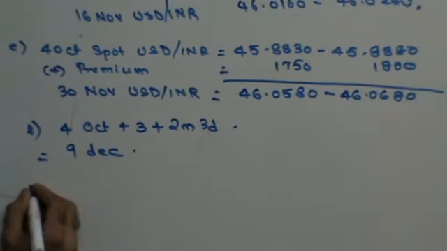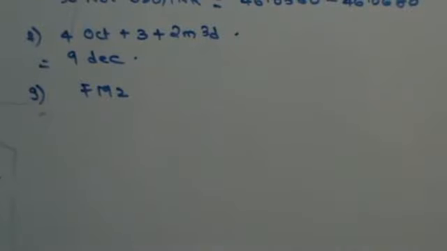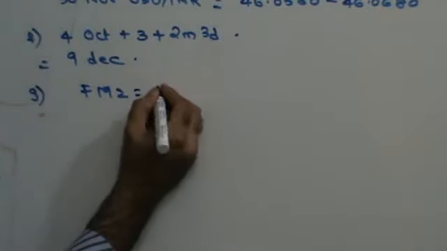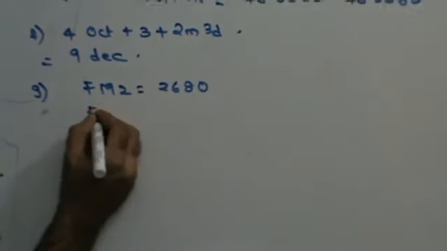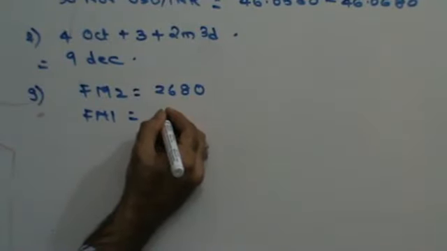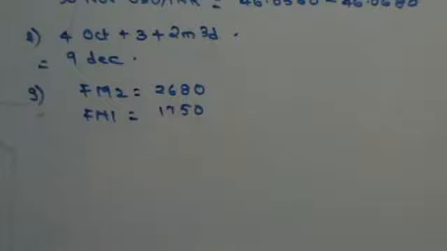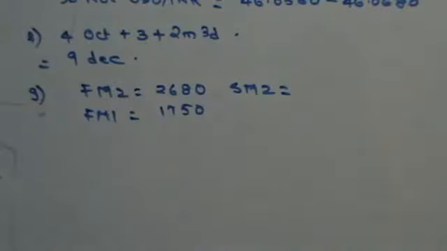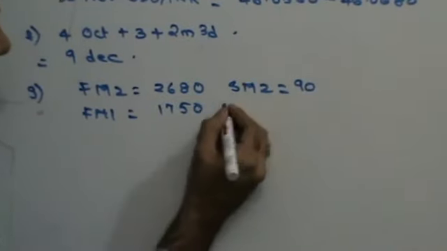So I can say that 9th December is going to be between 30th November and 31st December. So my forward margin of second period is going to be my swap point of December, that is 2680. Forward margin of first period is going to be my swap point of November, that is 1750. Standard maturity of second period is going to be 3 months, that is 90 days.